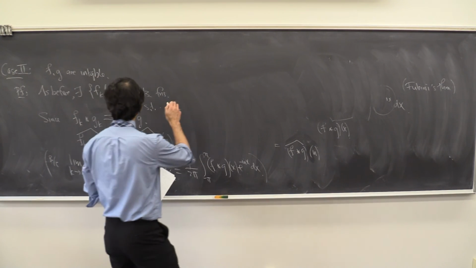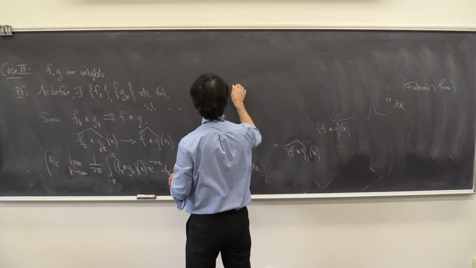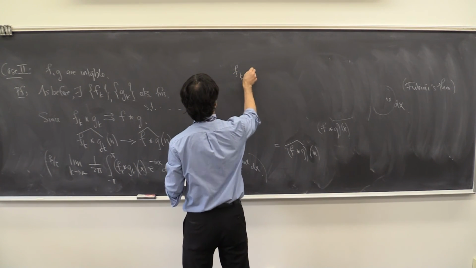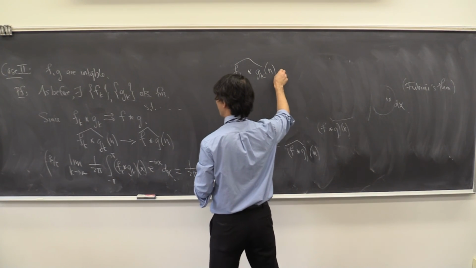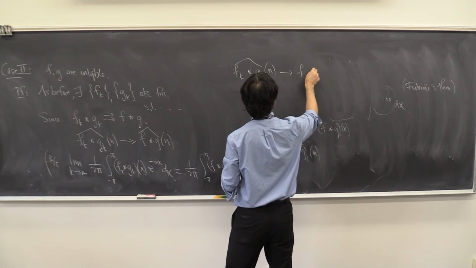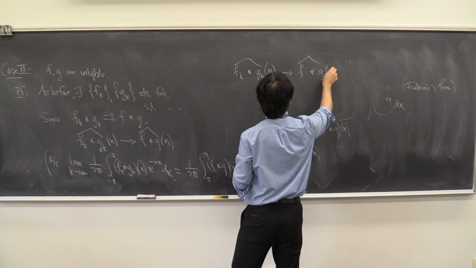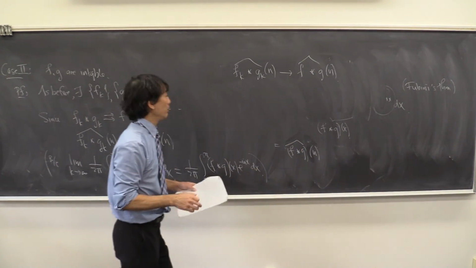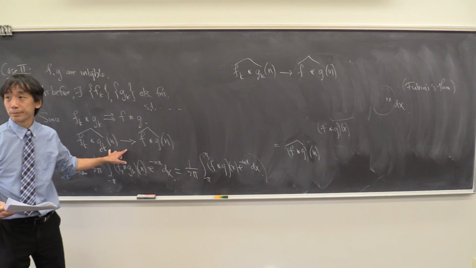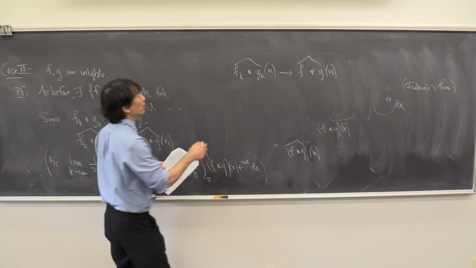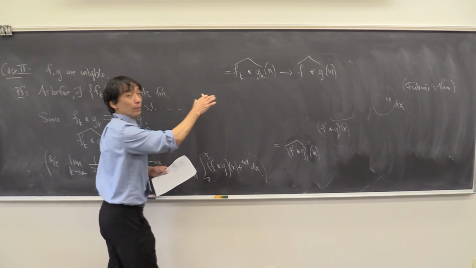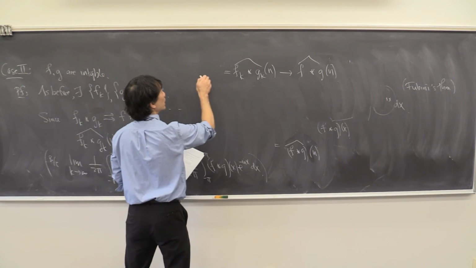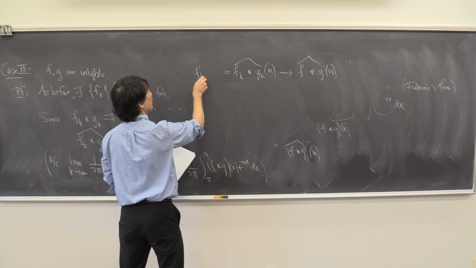Right now we have that the Fourier coefficient of the convolution converges to this. But we already showed that for continuous functions, this turns into the product.